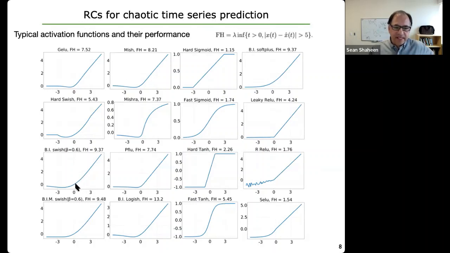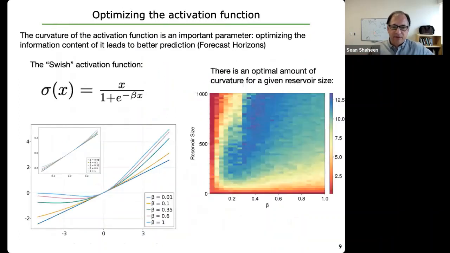The other issue is that the curvature, the nonlinear part, needs to be placed in the right position. If it is off from the running region of the system, so the system is missing that activation region, the nonlinear region, the forecast horizon goes down. So it's important to position that nonlinearity in the right place. And I'll show you an example of that in a second.